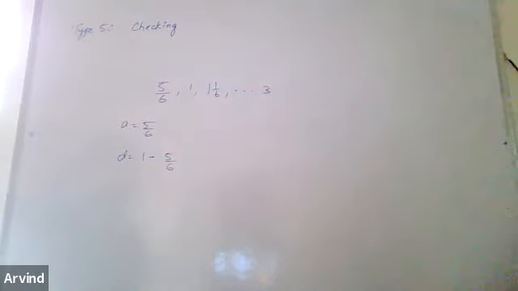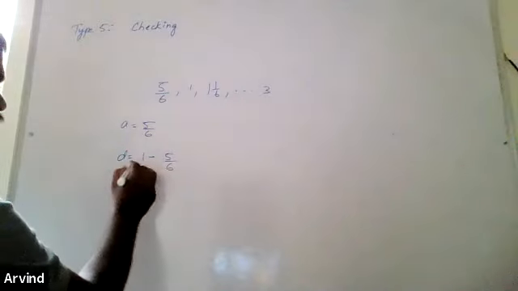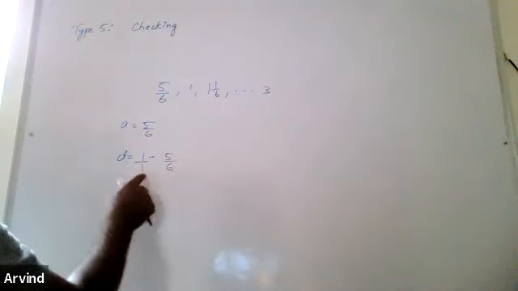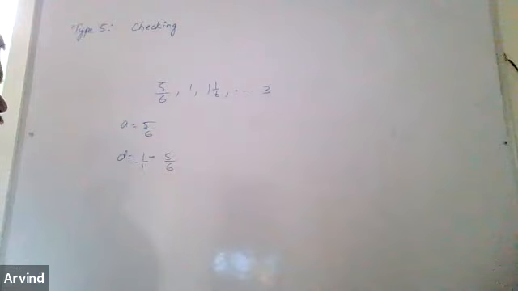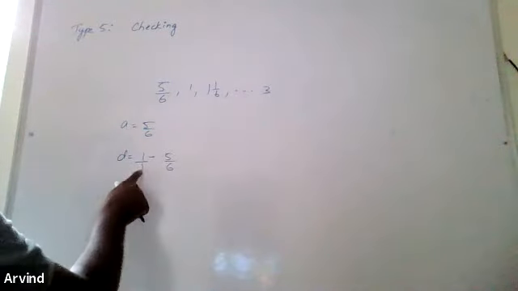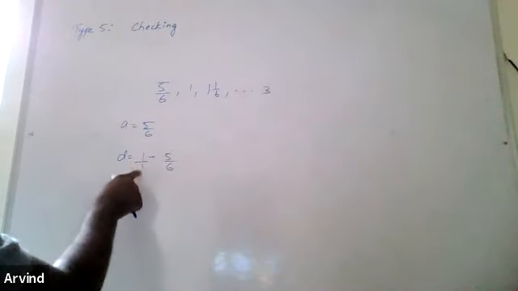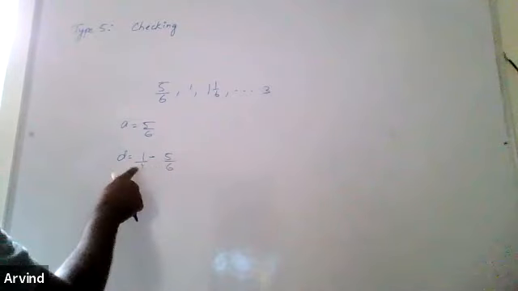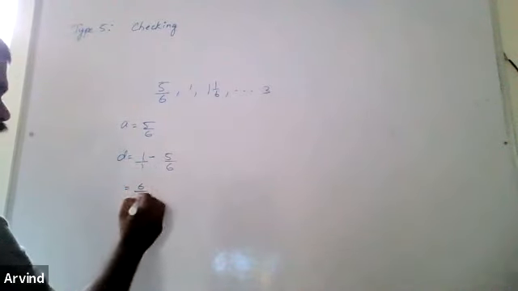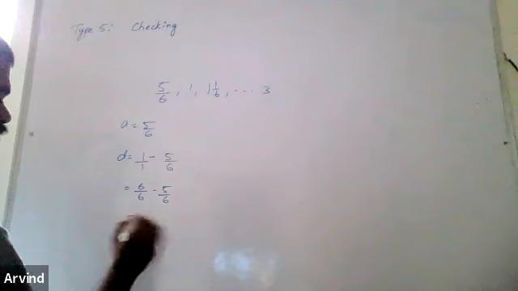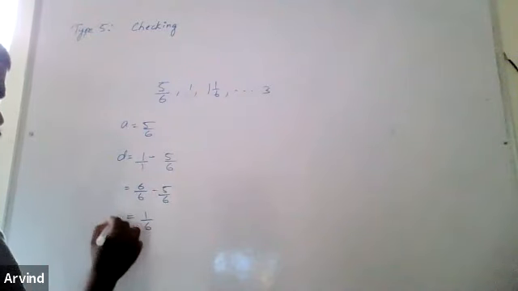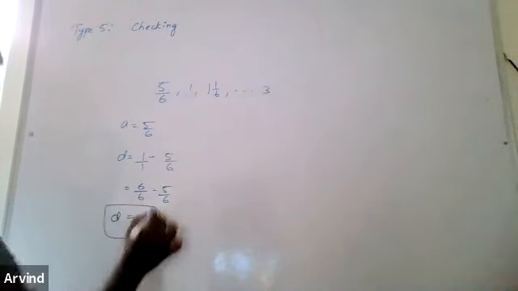However, you cannot subtract it since it is fractions. So 1 can be written as 1 by 1. Take the LCM of 1 and 6. The LCM of 1 and 6 is 6. Since LCM is 6, you have to make this 6. This is already 6, so multiply 6 by 6. Now subtract it. 6 minus 5 is 1. 1 by 6. So your D is 1 by 6.